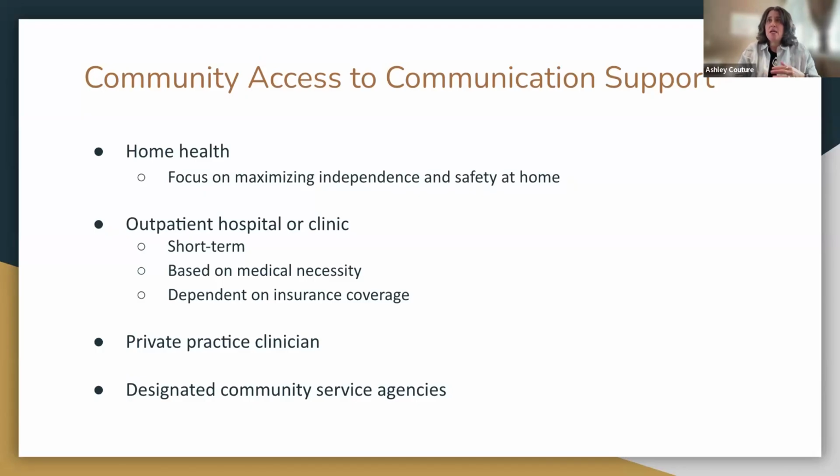One of the things that's been a nice model for me is that I started doing private practice after leaving UVM Medical Center and was able to form some relationships with designated community service agencies. So those are regional designated agencies such as Howard Center, Washington County Mental Health, Upper Valley Services. They are regionally based agencies that support individuals with developmental disabilities, and as well as many others.